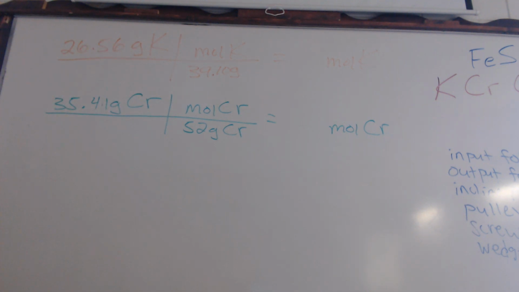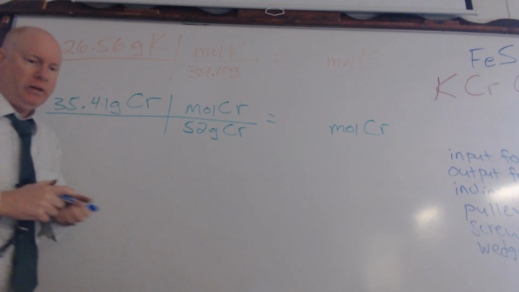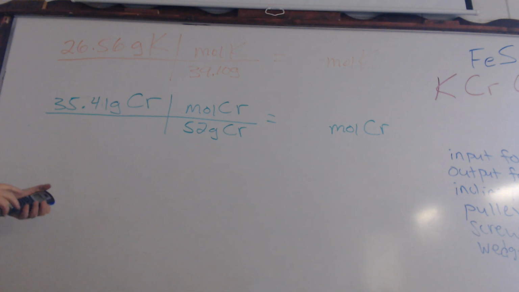Now we got this last one. Okay. But it doesn't say how much there is. Okay. Which means you're going to do what with these two numbers? Add them together and then subtract from 100. Okay. So upon doing that, 26.56 plus 35.41.